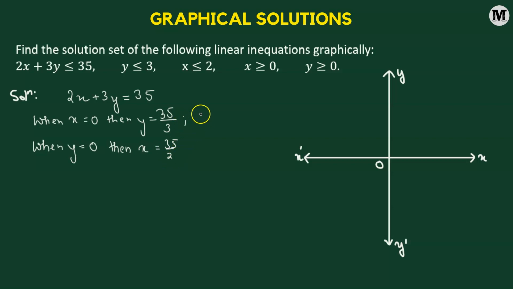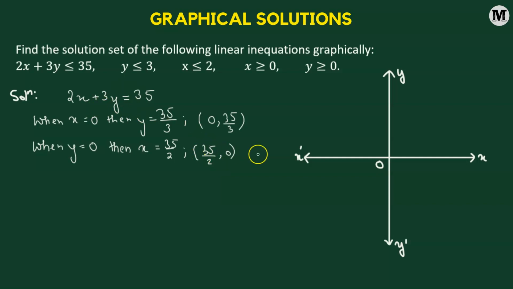In other words, if we consider the point 0, 35 over 3, this is going to be a solution of the linear equation 2x plus 3y equals to 35. And then we have 35 over 2, 0. This is going to be another solution of the same equation.